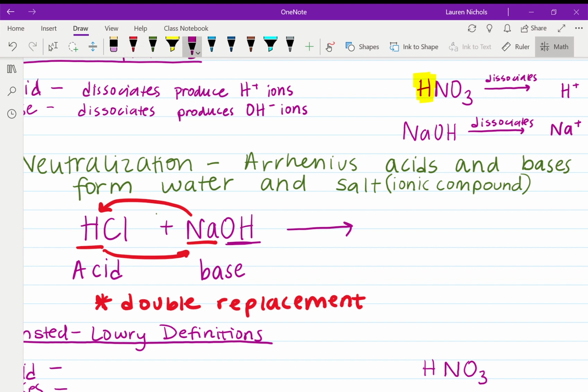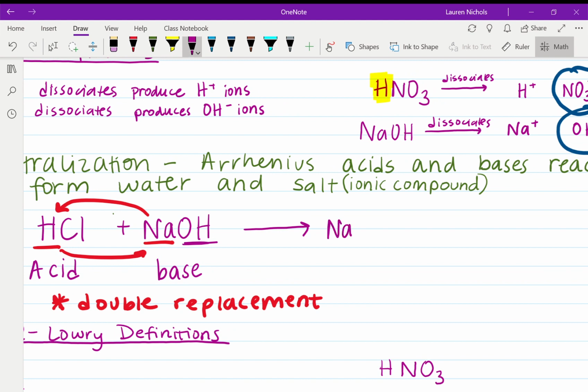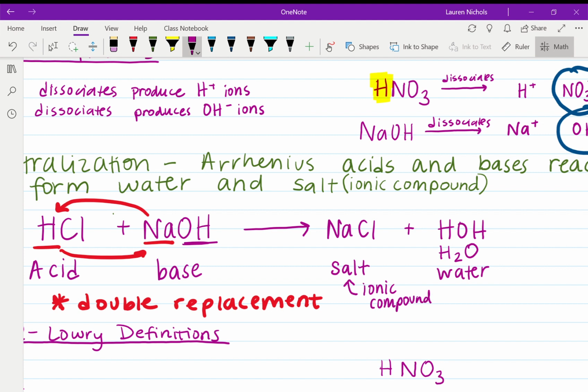And so when the sodium and the hydrogen swap places, they produce NaCl, which is salt, and it also produces HOH, which otherwise written is H2O. So that is our water. Now the key thing to remember here is that salt is really any ionic compound. I know that we say NaCl is salt, but what we mean by that is table salt.